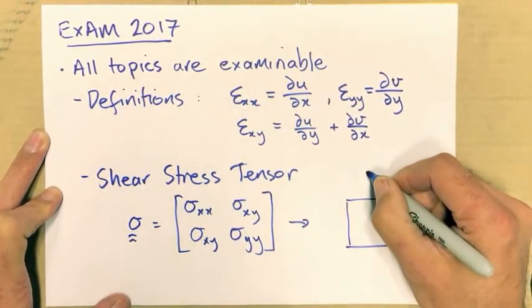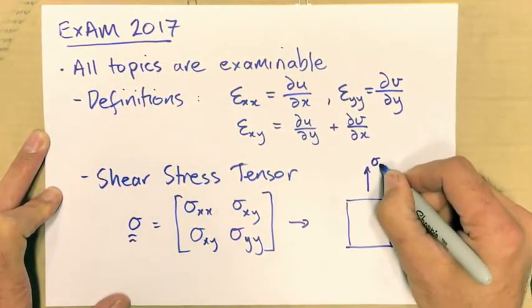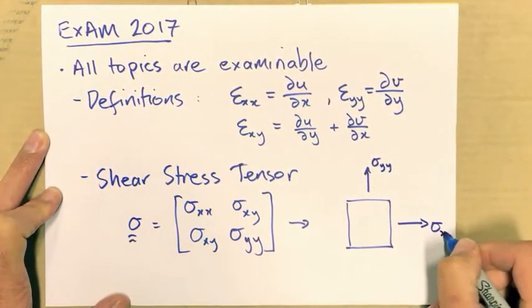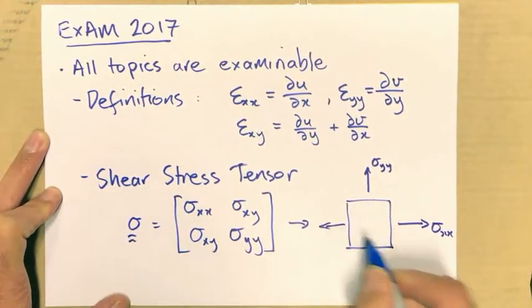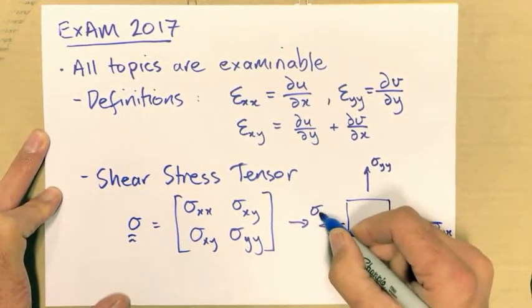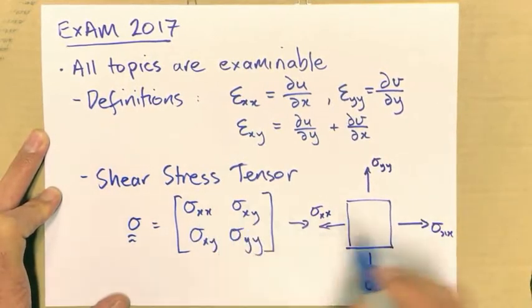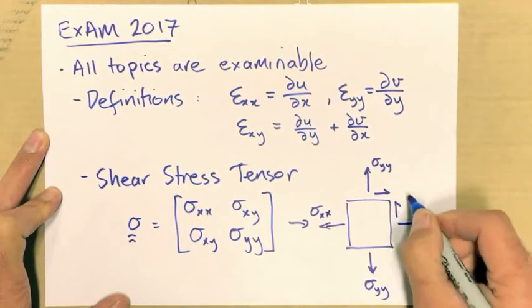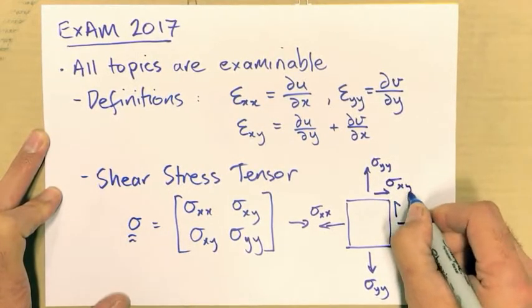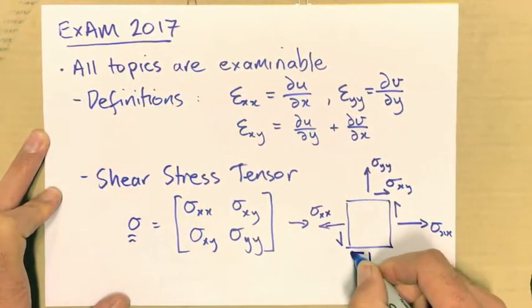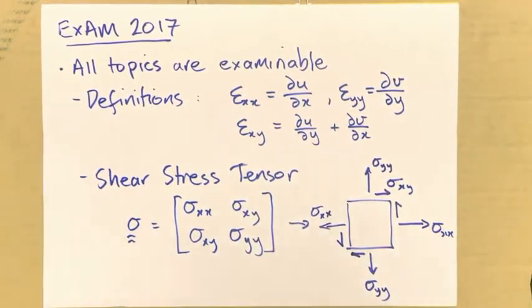So on a solid element you would have sigma yy, say in this direction if upward was the y direction, sigma xx, same on this direction, same here. I'd expect you to be able to draw this if, for example, I had numbers here, and this was positive direction, sigma xy. Expect you to know which direction is positive and which direction is negative.